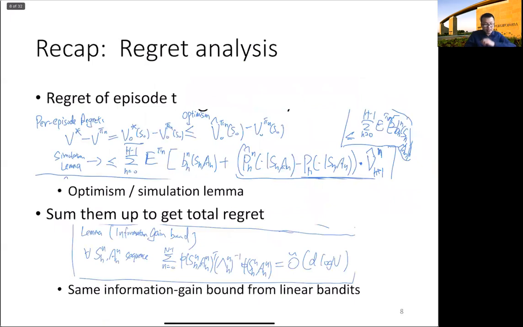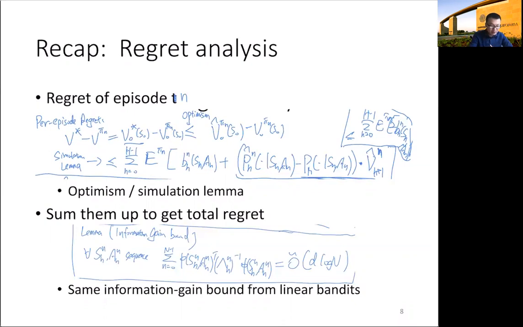Okay, and then we went over the steps of the regret analysis, which is succinctly summarized in these two steps. The first step, we try to bound the regret for running episode little n, and in episode little n we run a particular policy that's selected based on the data collected up to episode n-1.